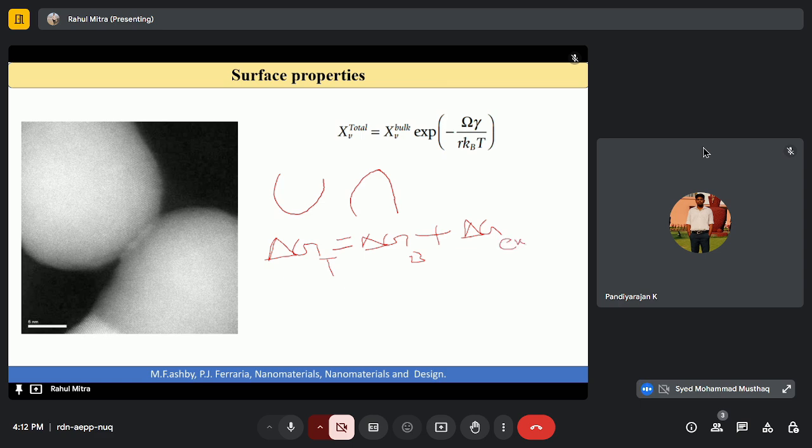That's the equation. For the excess energy term, we define delta G excess as the atomic volume omega multiplied by the surface energy divided by the radius. The surface energy is the surface between two surfaces, or between a surface and vapor, or between a surface and gas.